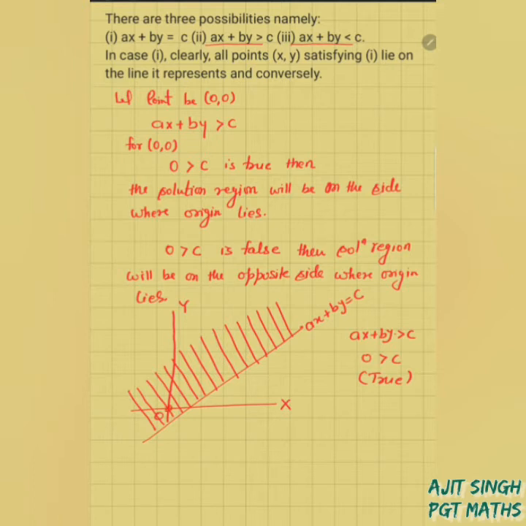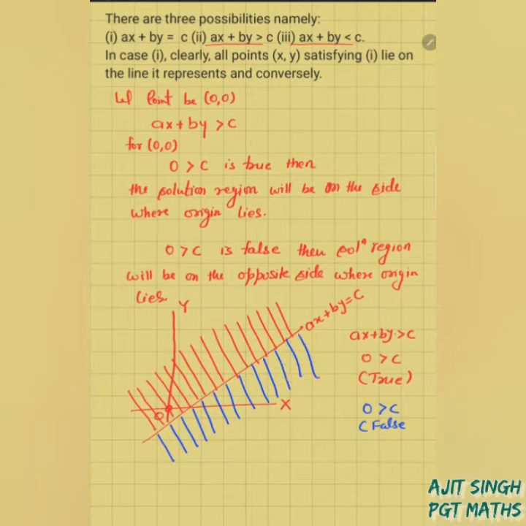This is the origin, it lies in the upper half of the plane. But if 0 greater than c is false, then the solution will be in the lower half of the plane, this side.